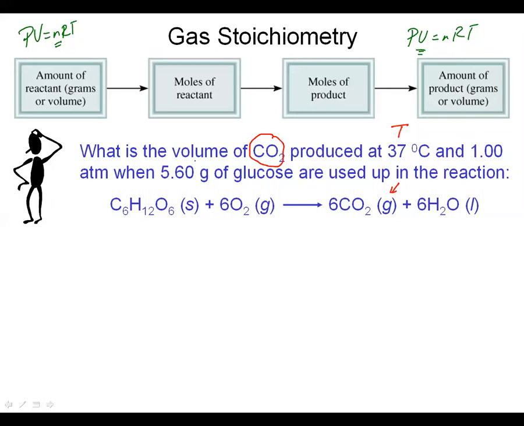We have a pressure given to us. We don't have moles given to us, but we do have grams, which we can get to moles. And if you think about it, again, we have P, we have n we could get to, we have T, R, which is a constant we could get to. So really for the CO2, we can get to the volume.